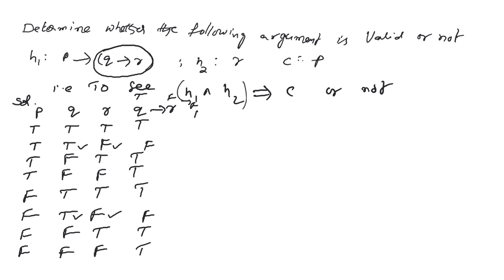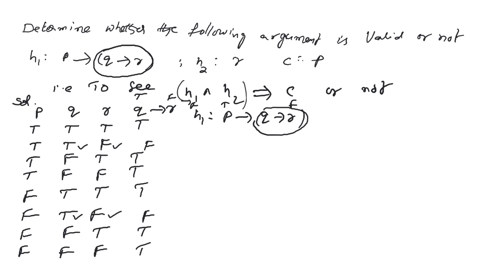Now let us go for H1. Our H1 is nothing but P conditional Q conditional R. The P column is there, and Q conditional R is also there. This produces false only when P is true and Q conditional R is false, otherwise it will be true. So look for TF combinations in these columns.